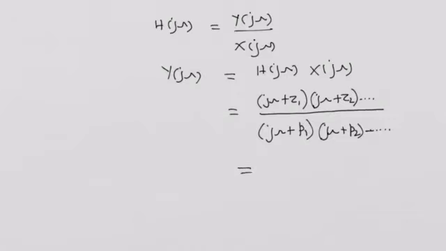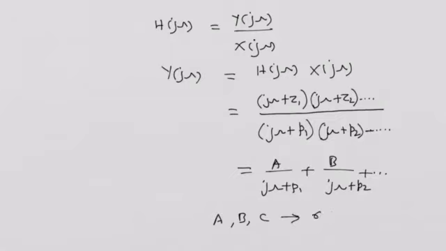Using partial fraction, it is possible for you to write A divided by j omega plus p1 plus B divided by j omega plus p2, etc., where A, B, C are called residues.